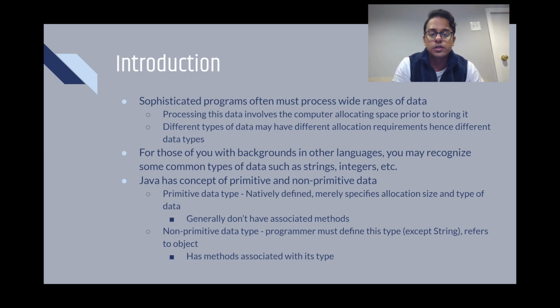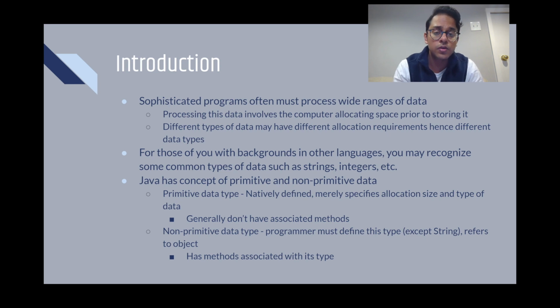Sophisticated programs are oftentimes going to need to process different types of data, and this is going to serve a wide range. In order for a computer to really deal with this type of information, it needs to process this data. And it does so by A, allocating the space required to store some of the data that we're dealing with. And then B, you're also going to have to store the type of information that is being expected.